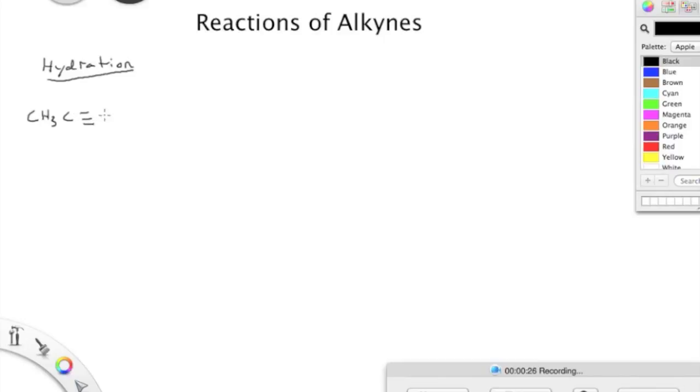So here is this guy again, and in this one we're going to add now a borane. So this will be BH3 in THF, and our intermediate is going to add just in the same fashion as it added to alkenes. And so our intermediate is going to get us to this guy right here.